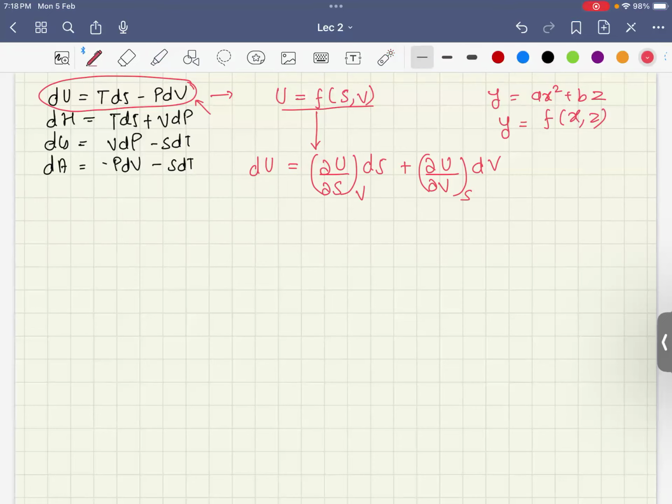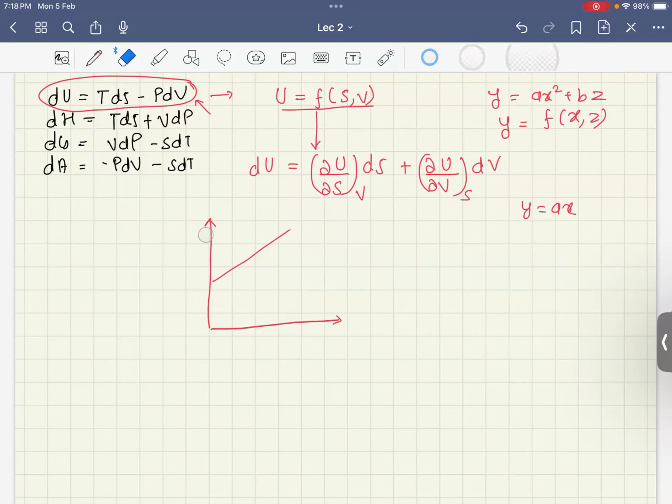Let us assume that I have some y equals ax, for example, a line. Instead of 2D, let us assume 3D, it will be better to explain.